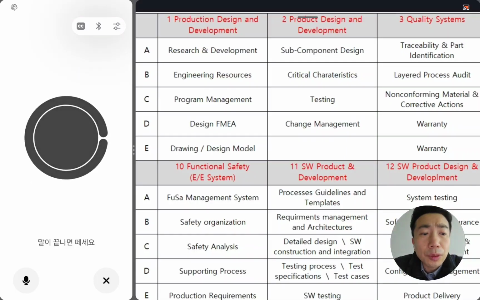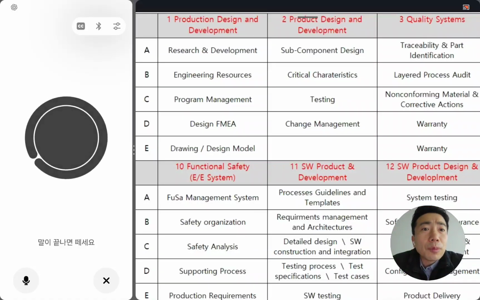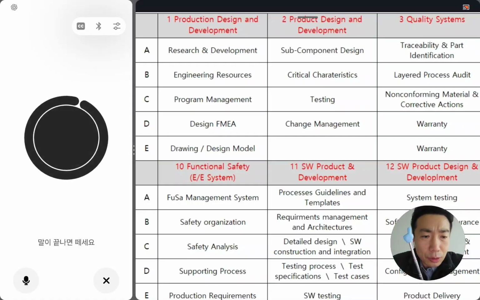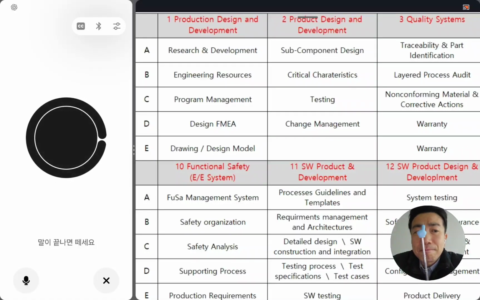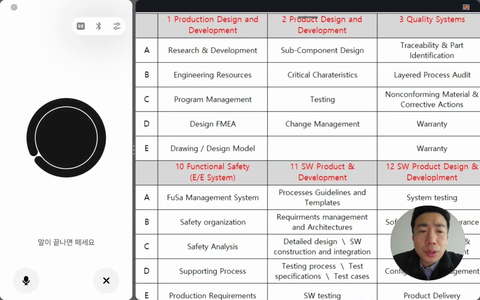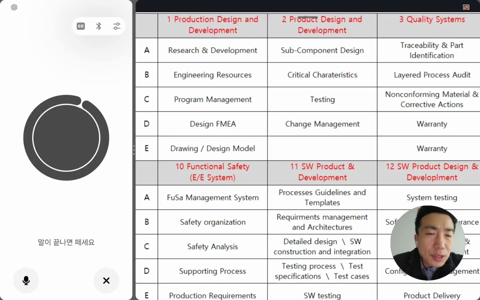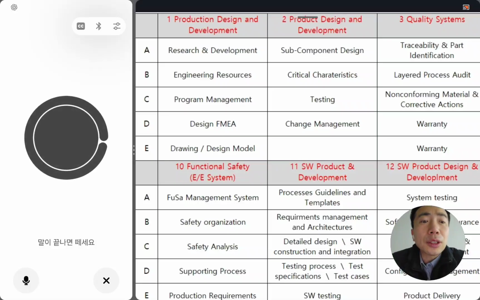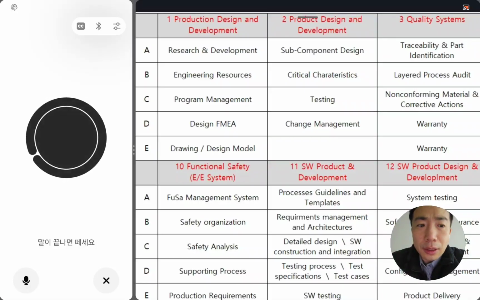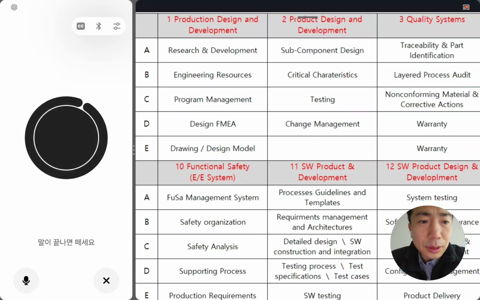GPT, thank you for your kind support. Thank you for your kind explanation about the topic A, sub-component design. I'm sure what you are trying to explain. But I'm asking you for possible questions in case you were an auditor at an automotive parts supplier.